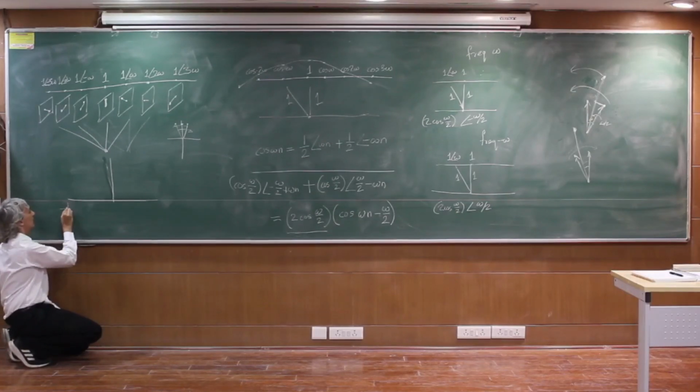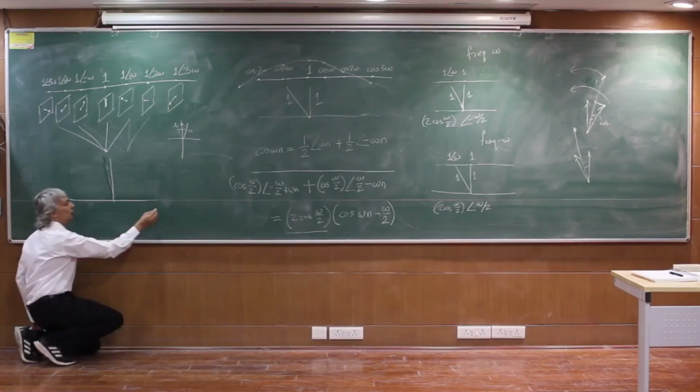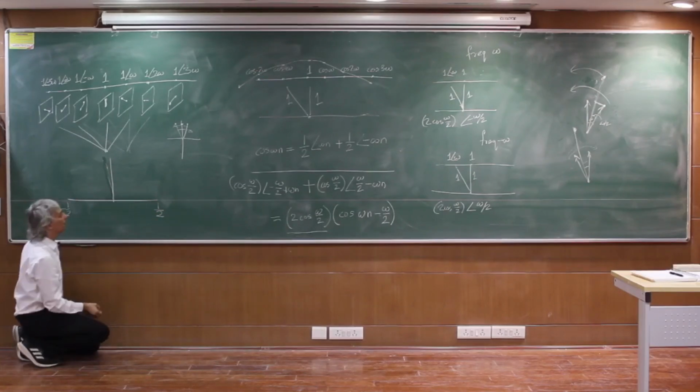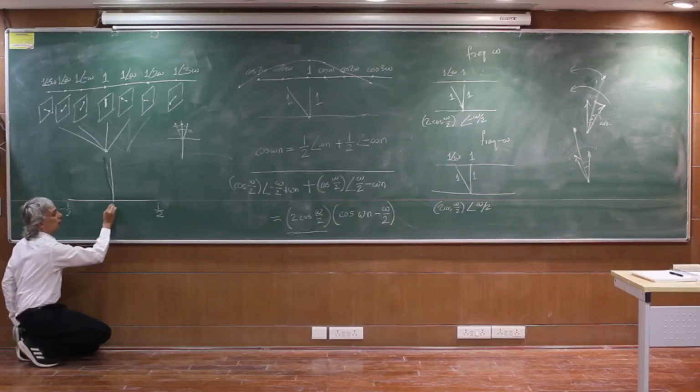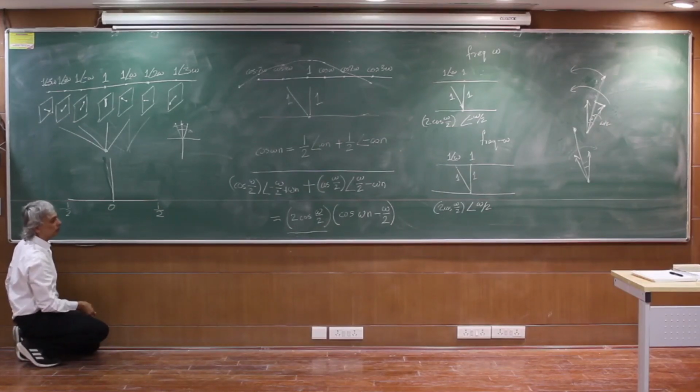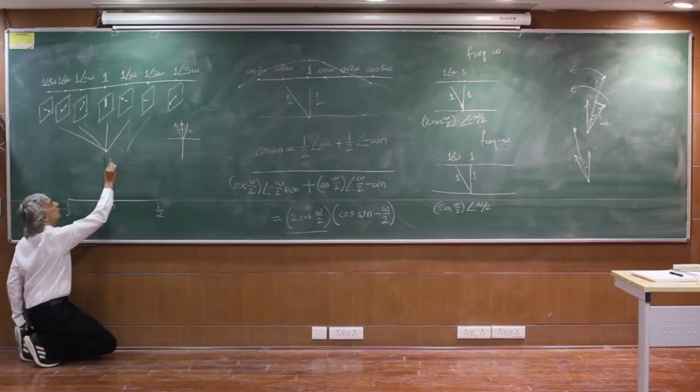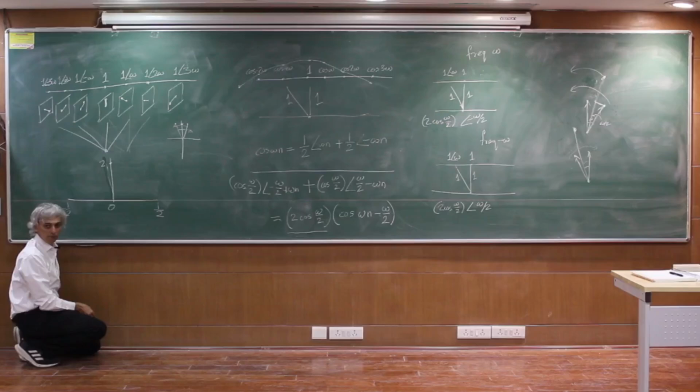So, minus half a turn per sample to plus half a turn per sample. What will happen to it? So, here you have 0. What is 2 cos 0 by 2? 2. Okay.